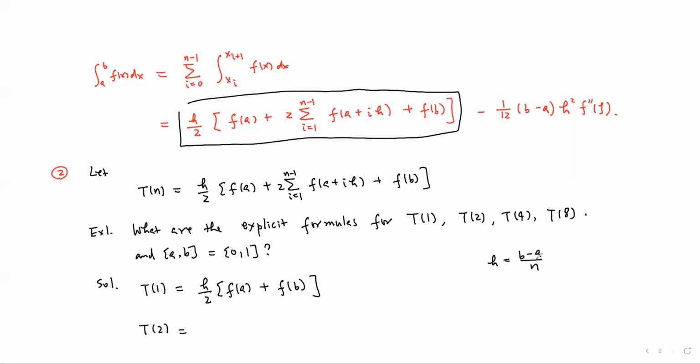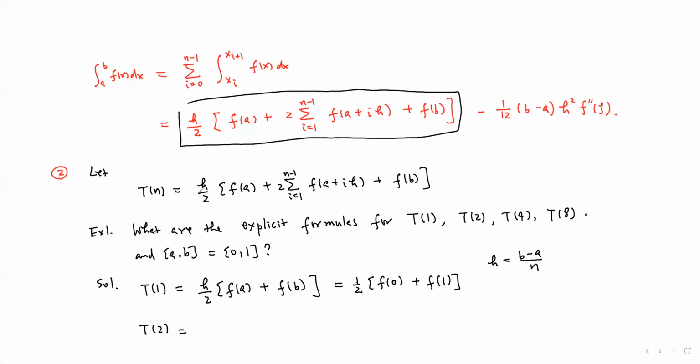For n equal to 1, b is 1, a is 0, so h is 1, but there is a 2 here, so it is 1/2 times f(0) plus f(1).